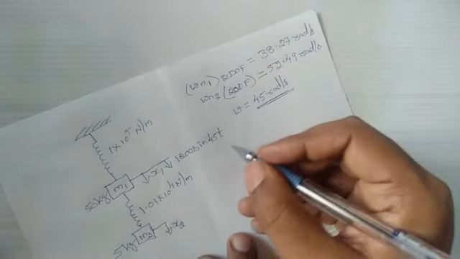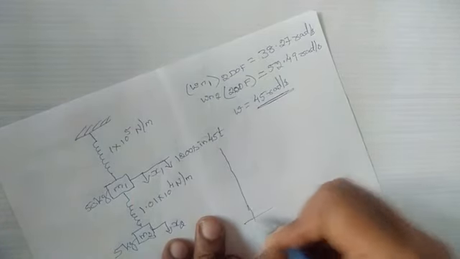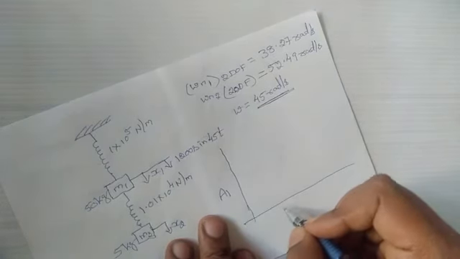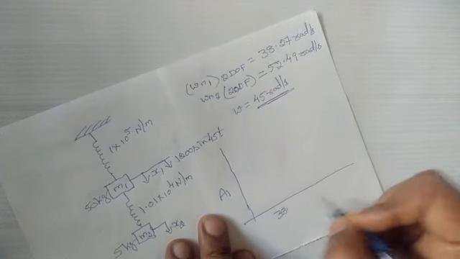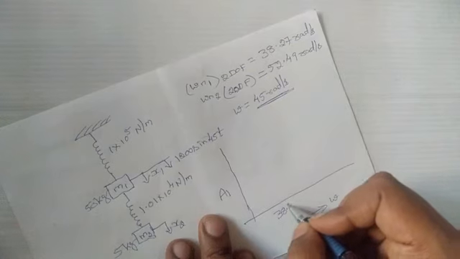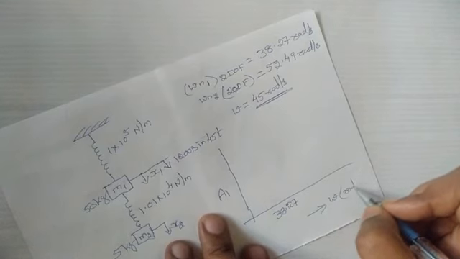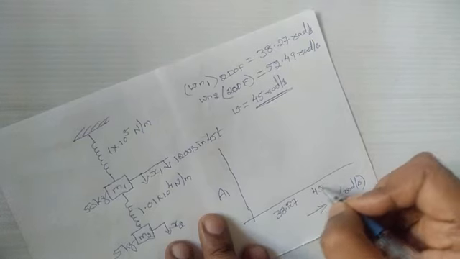So if we can represent this, if this is A1 and this side is omega, that is force frequency, in radians per second, and this is say 45.